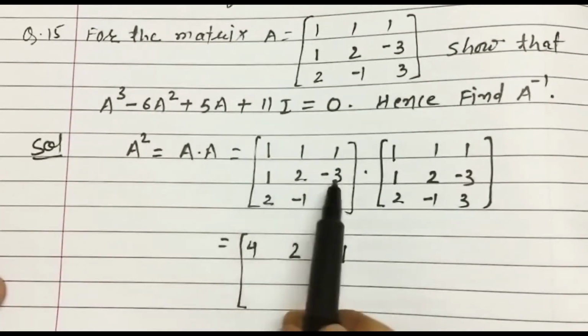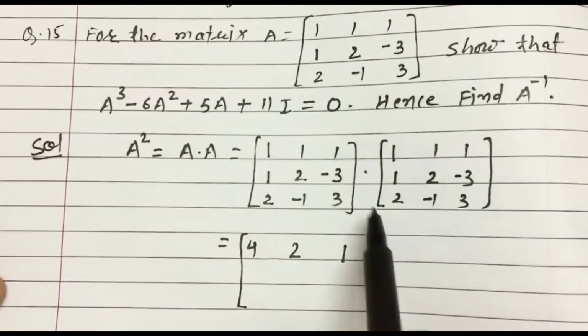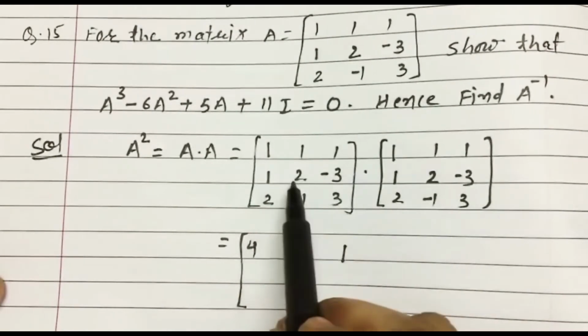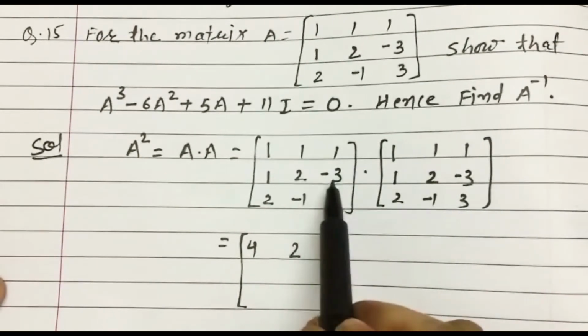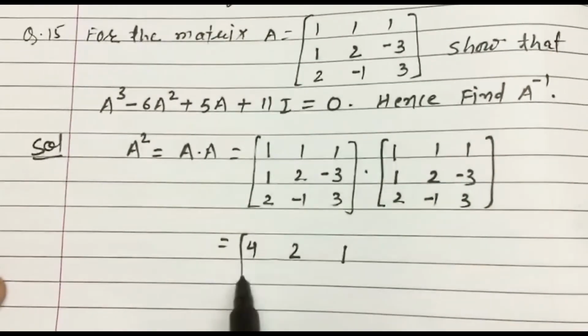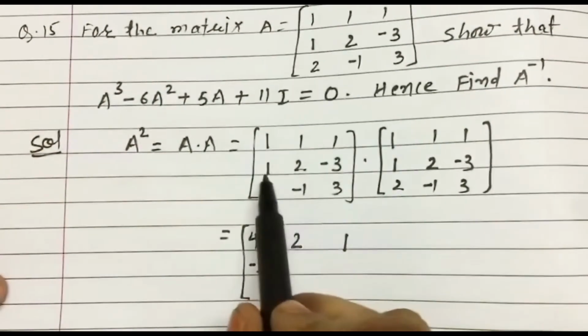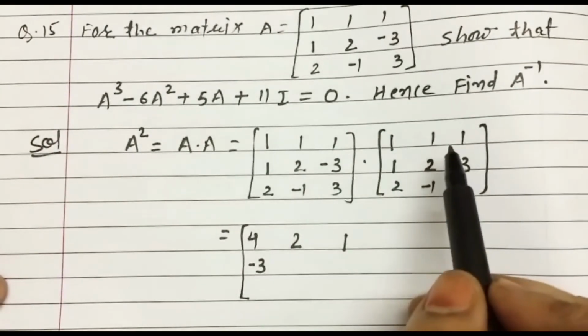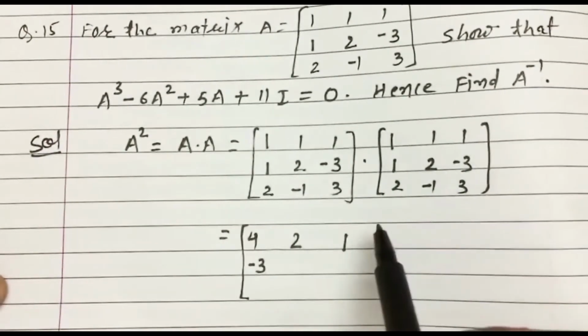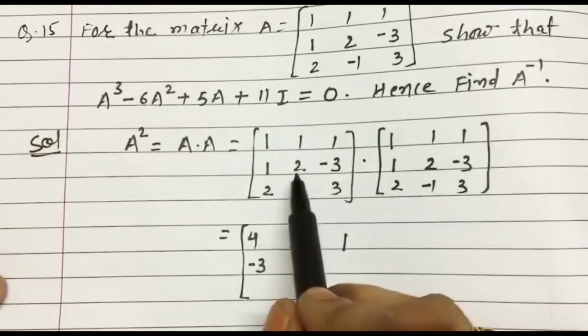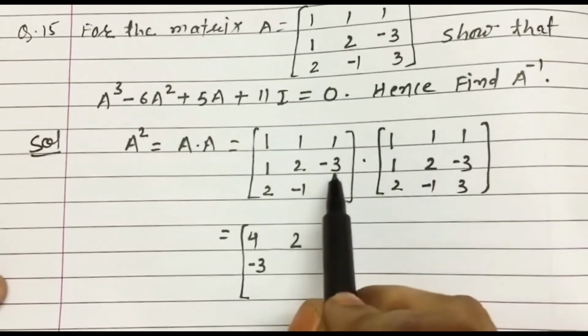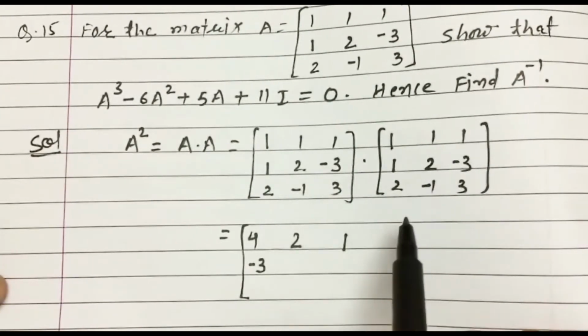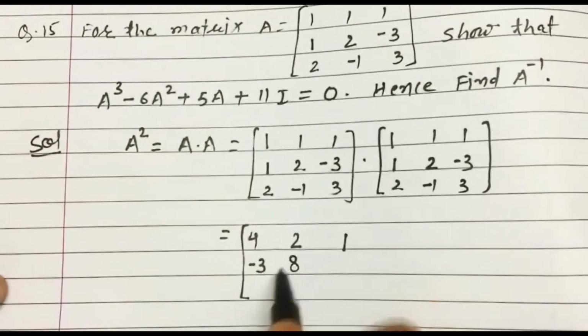Now second row multiply with the first column: 1 into 1, plus 2 into 1, and plus minus 3 into 2. You will get minus 3. Now same row multiply with the second column: 1 into 1, plus 2 into 2, and plus minus 3 into minus 1, it's 8.